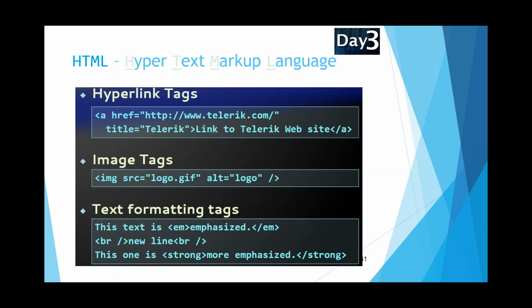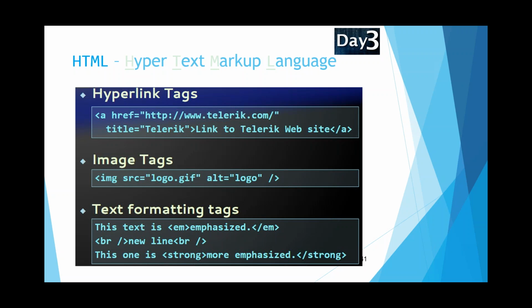Okay, for text formatting we have emphasized, br is mainly for a new line, and strong. Anyway, these things we saw in the first table. Okay guys, I'm going a little fast because we use all these things anyway when we go to MVC in practical. So theoretically I'm giving you what is what.